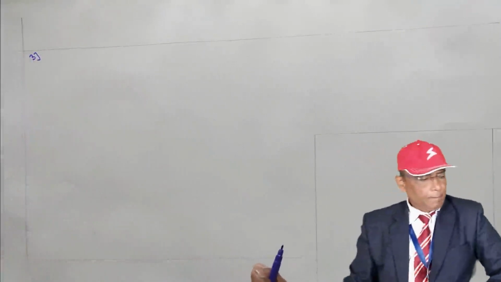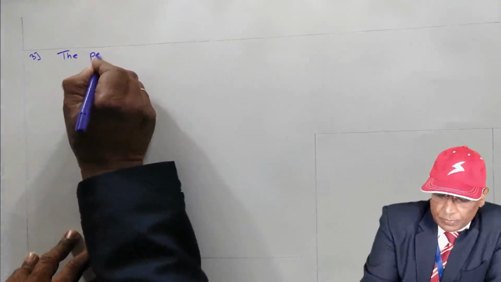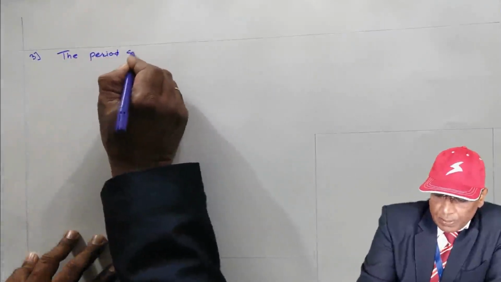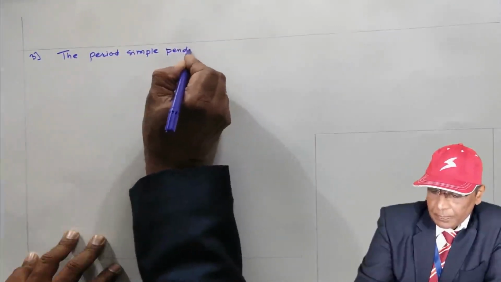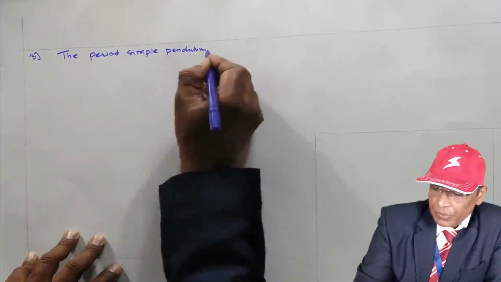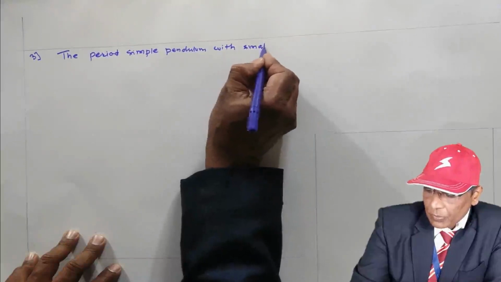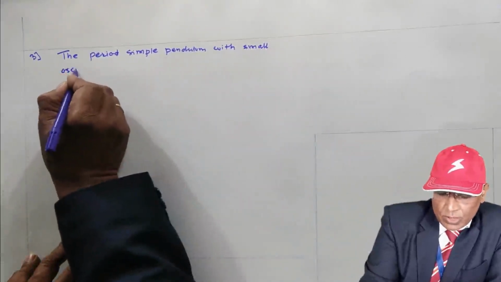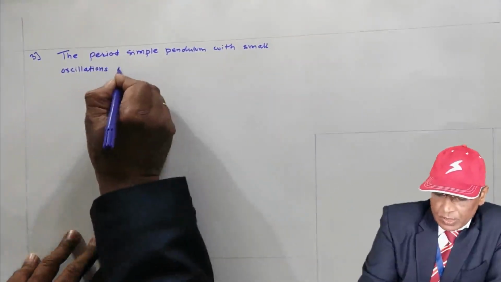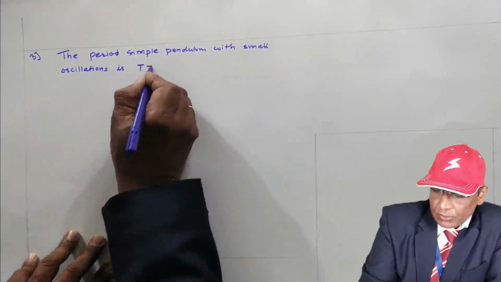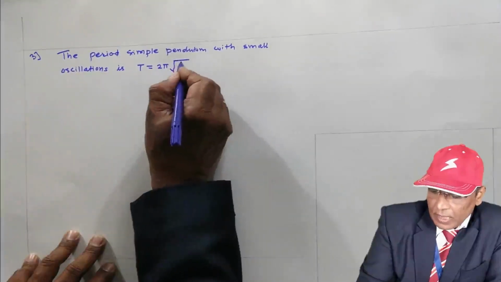Here, the period of simple pendulum with small oscillation is, okay, this period is given to you, 2 pi under root of L by G.